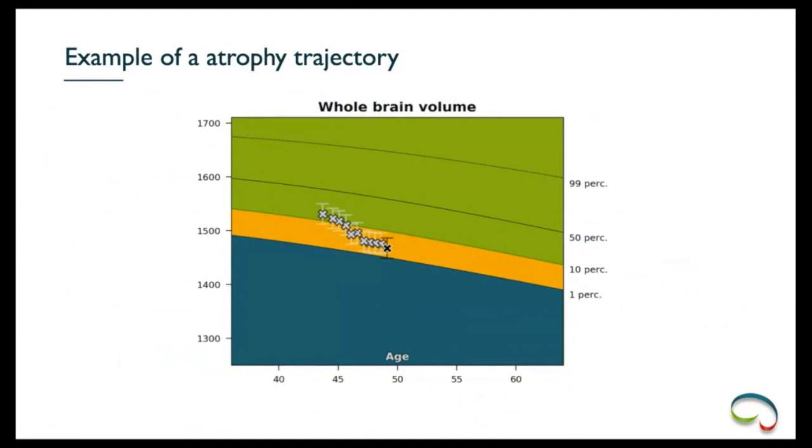An example of this is shown on this graph, where you see a long atrophy trajectory of a patient. And you can see also in the middle, there might be a jump that might be either a true positive effect, or it might be due to some scanner-related, MS-related, or physiological-related effect.